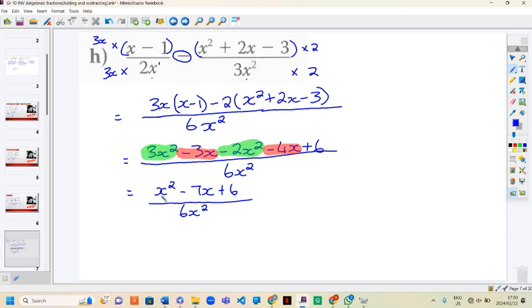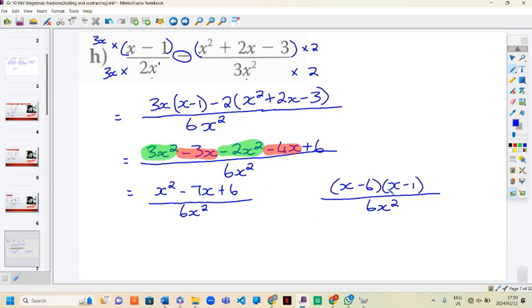The reason I say that is because sometimes you can factorize this and cancel with something at the bottom. If I factorize this, I'm going to get x minus 6 and x minus 1, all over 6x squared.